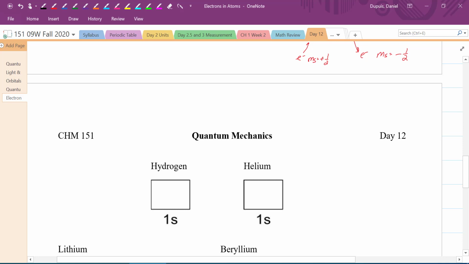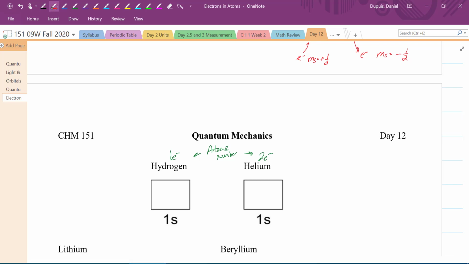So hydrogen has 1 electron. We know hydrogen has how many electrons? 1 electron. We know helium has 2 electrons because that's its atomic number. In neutral hydrogen, 1 proton, 1 electron.